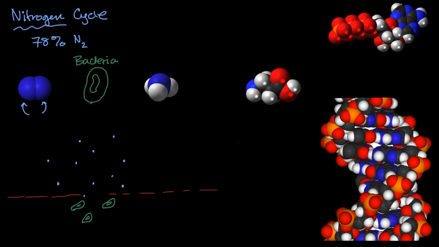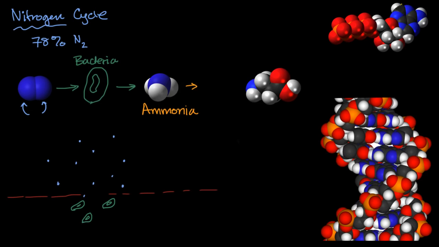Bacteria is able to fix that N2 and take it to ammonia, NH3. And it's this ammonia that is really useful for plants and other complex organisms.